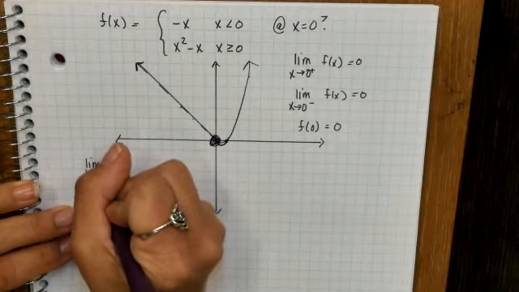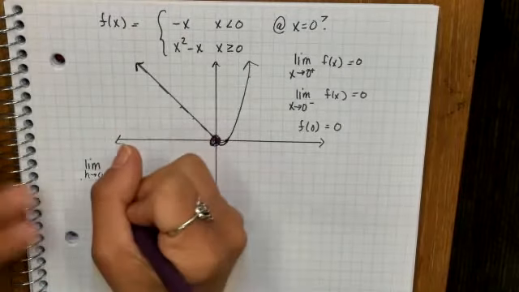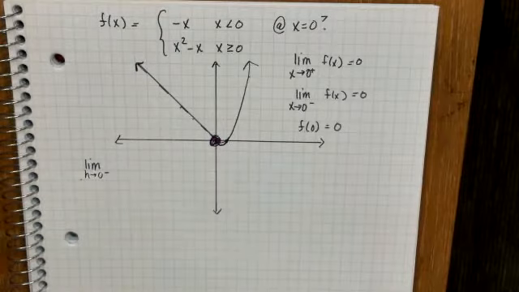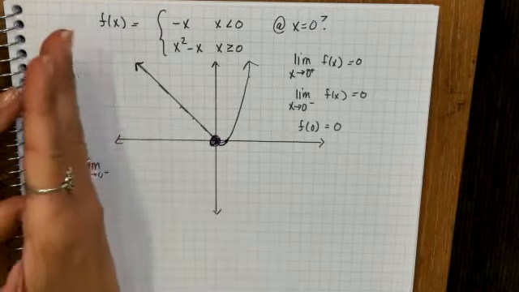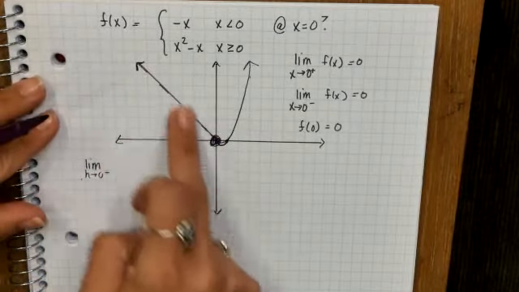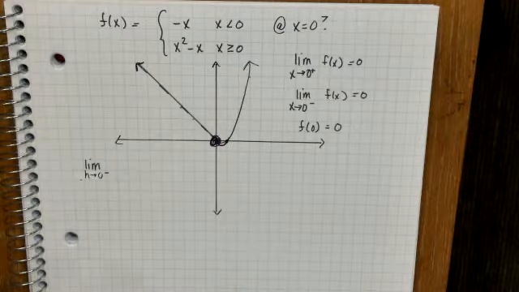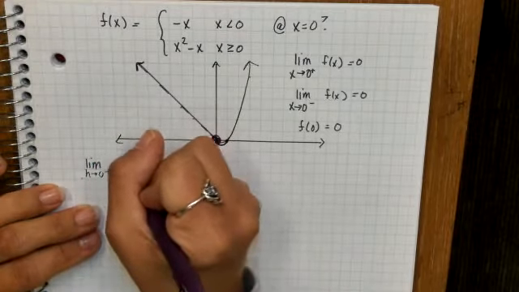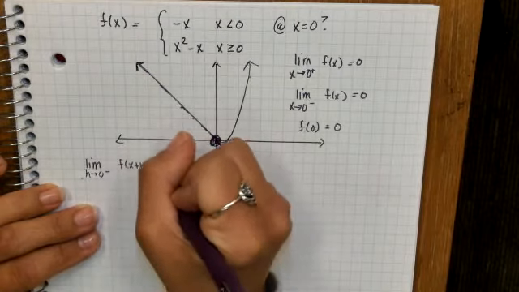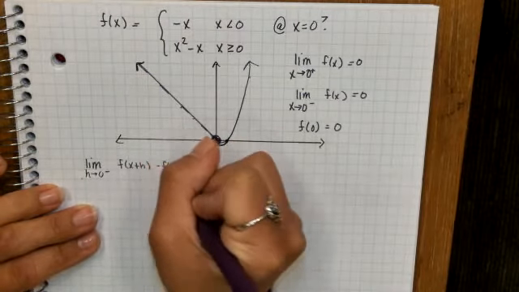We're going to do as h approaches 0 from the left. So as I'm approaching from the left, the equation that I'm going to use is negative x. So this is going to be f of x plus h. I'm just going to write it out because I'm so used to it.